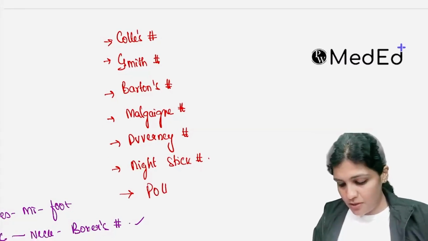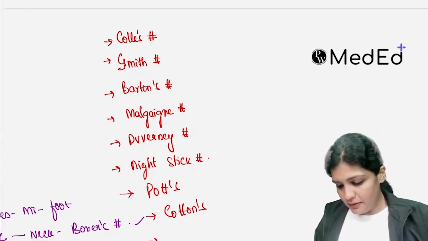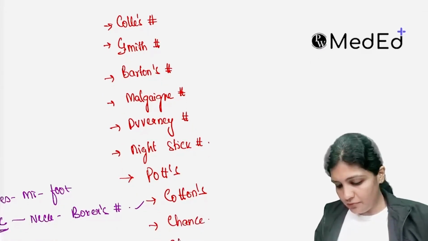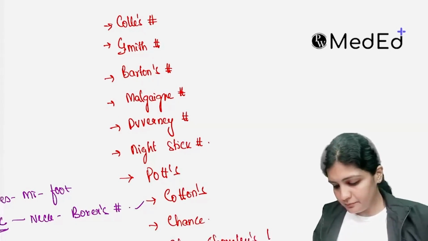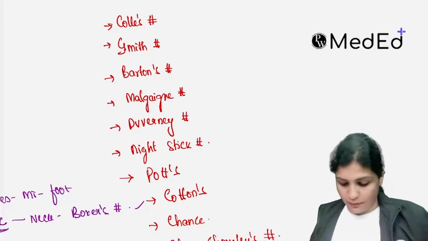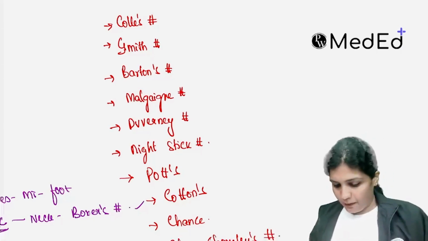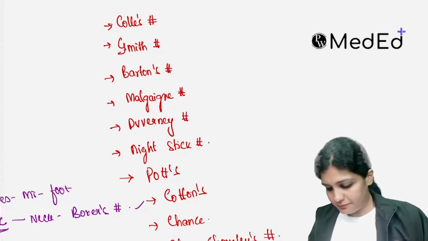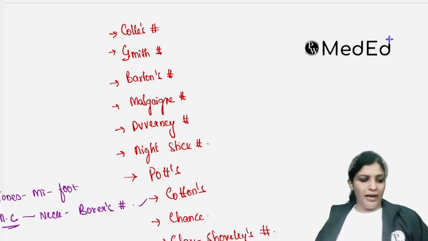Then what is Pott's? Cotton's, Chance fracture, Clay-shoveler's fracture, then Tillaux's fracture. So now we are going back home.